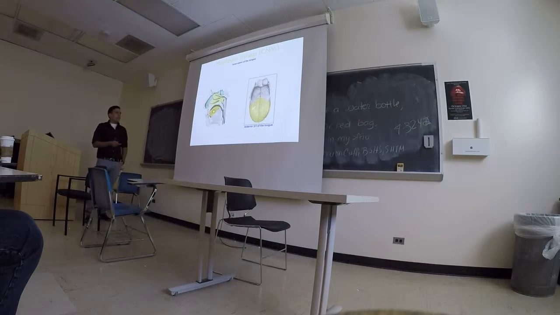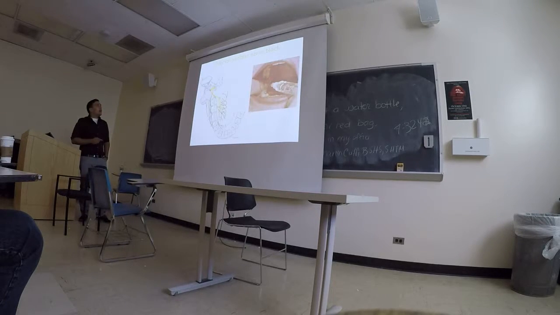V3 provides the general sensation to the anterior 2/3 tongue, which you see illustrated here. And again, chorda tympani riding with the lingual nerve provides the taste sensation. A nerve block to the lower teeth is a lot simpler than the maxillary teeth because, again, the inferior alveolar nerve is providing that sensation to all the mandibular teeth. So if you knock out this one nerve, you can knock out sensation to all of the mandibular teeth.